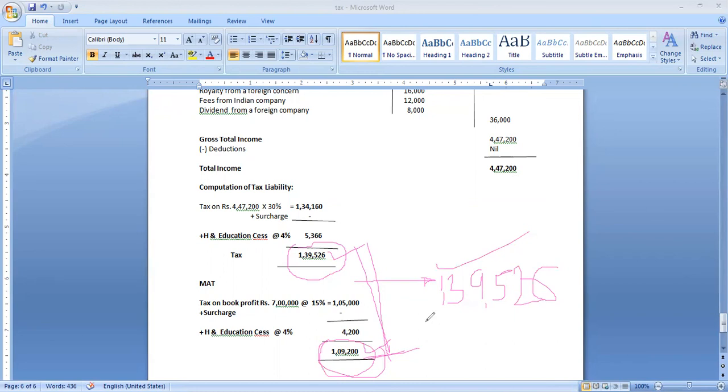Therefore, the company's tax liability is 1,39,526. The higher of these two amounts is to be paid by the company, is the tax liability of the company. Hence, the tax payable by the company is 1,39,526.